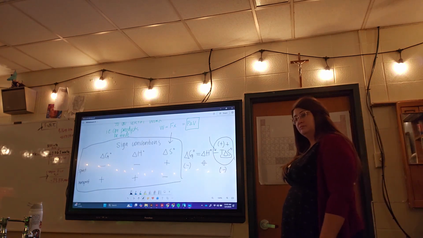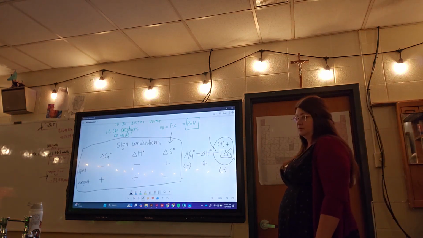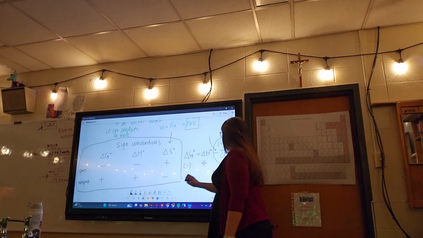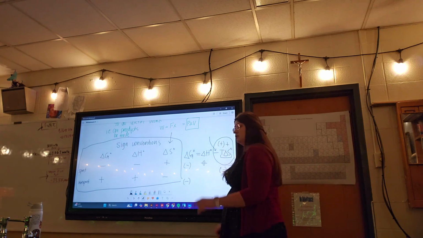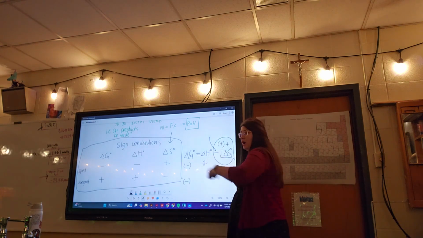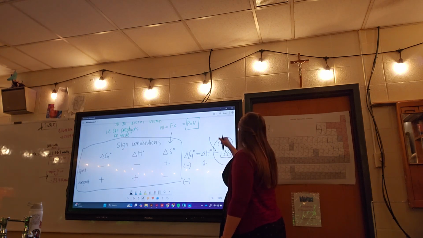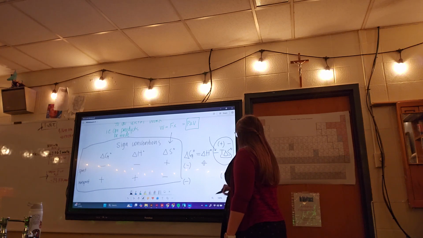So if delta S was negative, it would be positive, right? Yes. And so if that were true, if we still want free energy to be negative because we want our reaction to be spontaneous, and delta S is negative now, that means that this whole term would be positive.